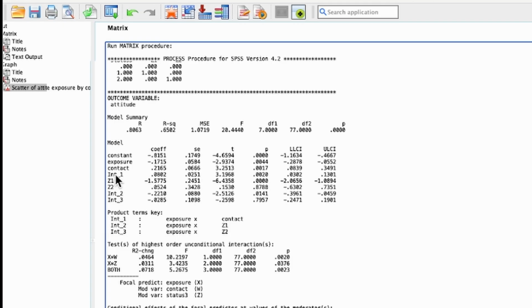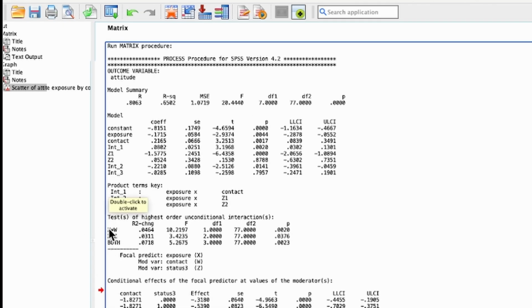For the interaction terms, we need to look at the product term key, because that defines what the interaction actually is. So interaction 1 is indicated by the interaction between exposure and contact.